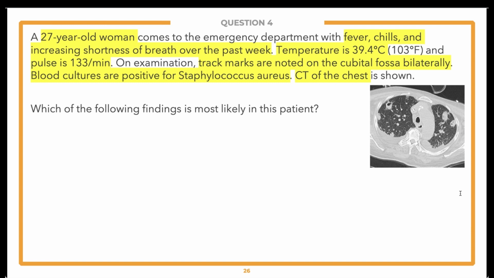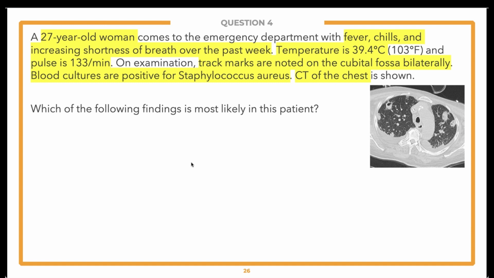So again, maybe we've got some sort of a systemic infection, maybe a response to other issues. Track marks suggesting IV drug use, and the blood cultures, right? So what have we confirmed here? Okay, so let's think about that.